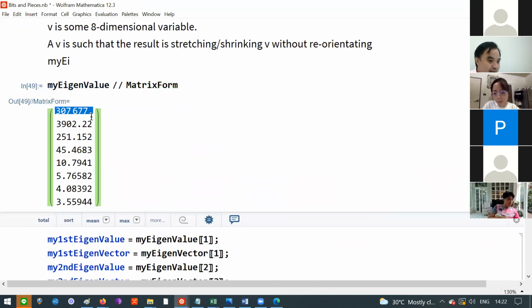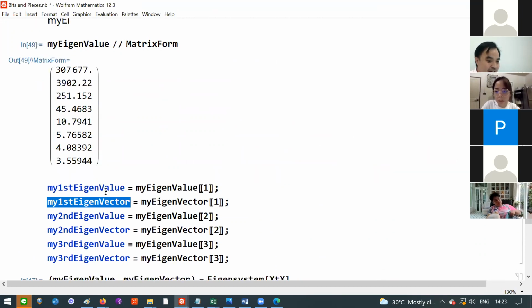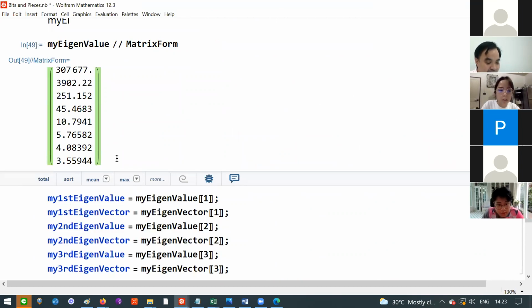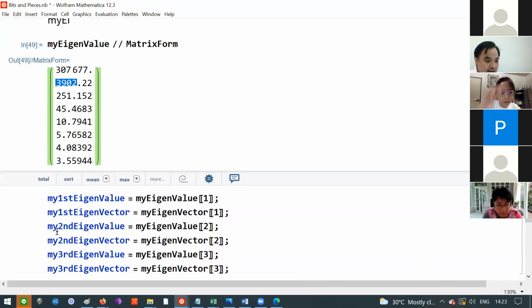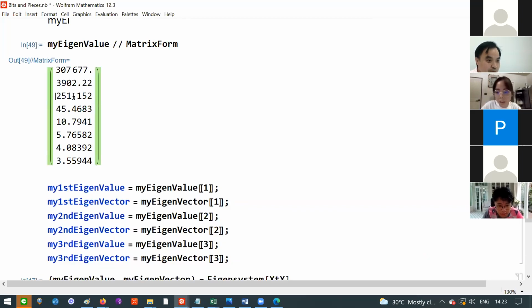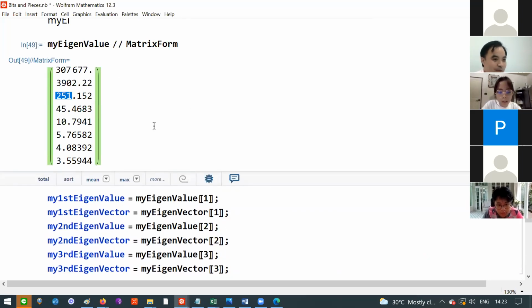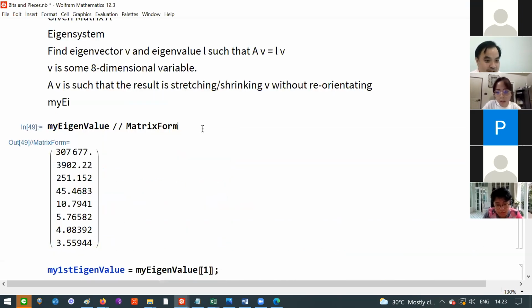I'm just taking the first one. So this guy is 300,767.7. And my second eigenvalue is 3,900. My third is 250. Notice right away that the size of numbers goes down from the first to the last.